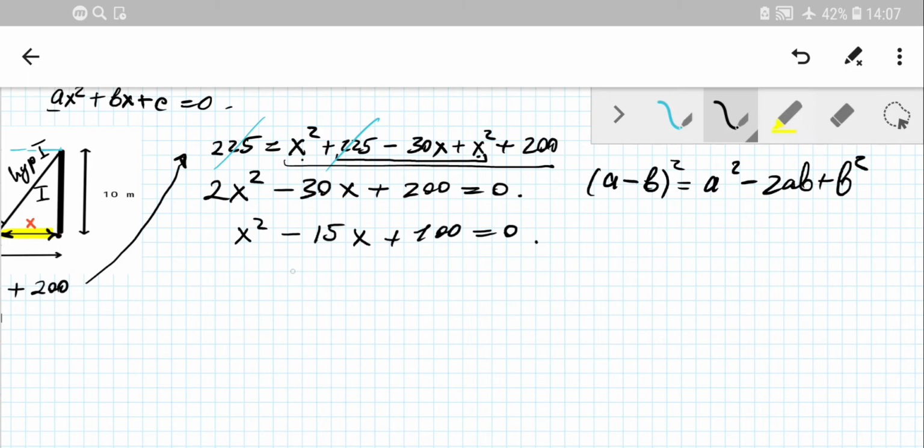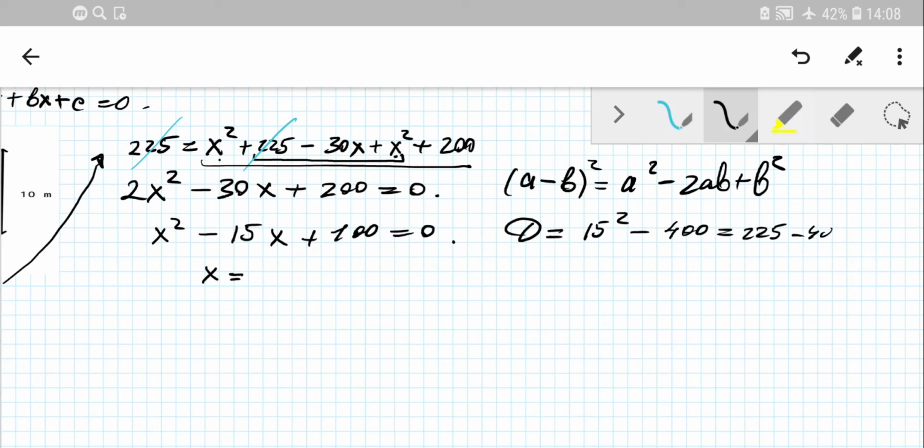If you try to figure out x, you find the discriminant, which is b squared minus 4ac, and you'll get 15 squared minus 4 times 100, which is 400, so 225 minus 400, which is negative. What does it mean?